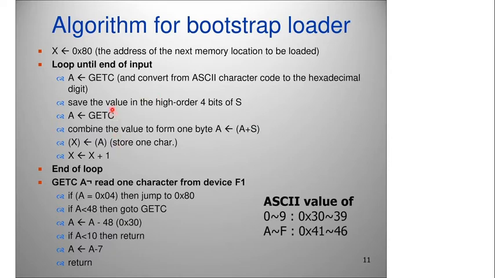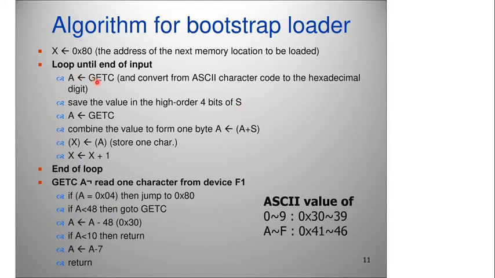For that process, you get 2 characters. From this, GETC gets the character and loads it to the accumulator. As soon as you get it, it is pushed to the other register, which is S, because in case of SIC/XE, we have plenty of registers like A, X, L, B, S, T, F, PC and SW.